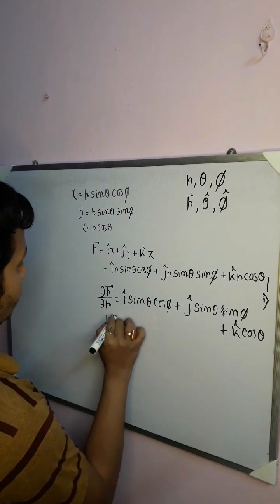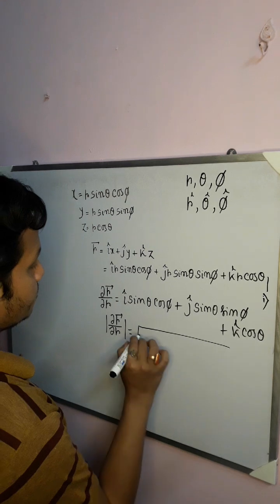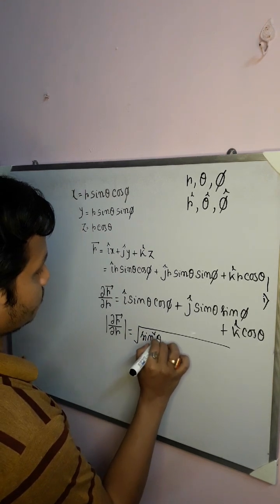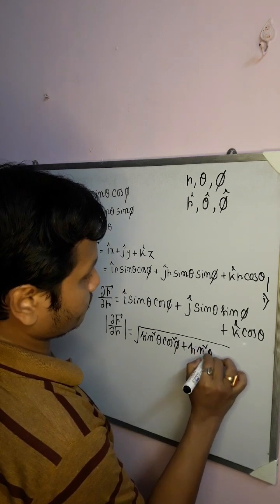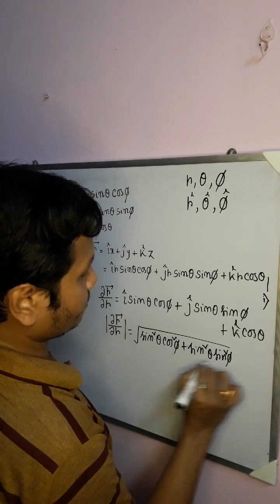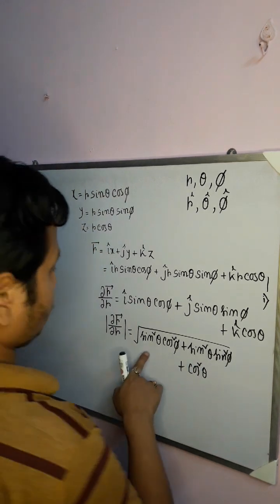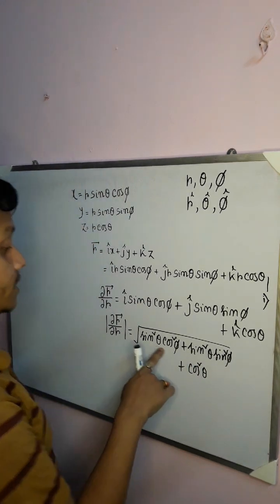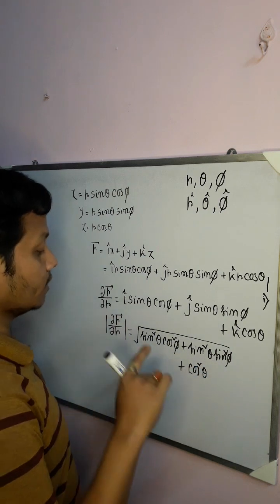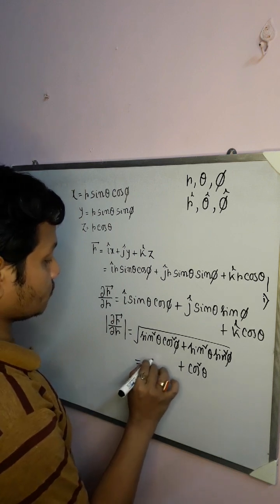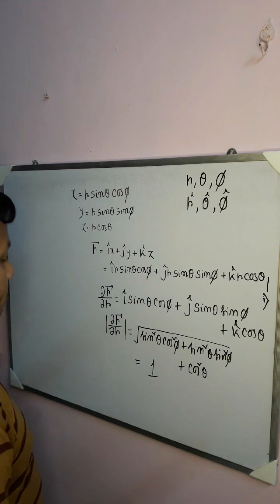And what will be my mod of del r by del r? This is simply sin square theta cos square phi plus sin square theta sin square phi plus cos square theta. If we take sin square theta common, then this will be cos square phi plus sin square phi, which means 1. So sin square theta plus cos square theta is 1, so the entire result is 1.